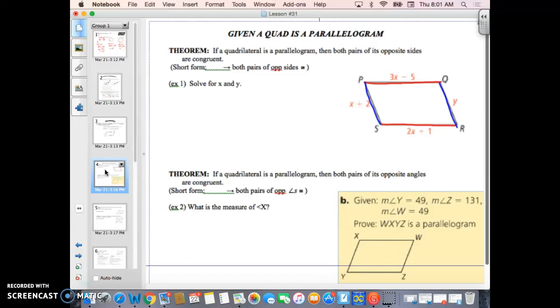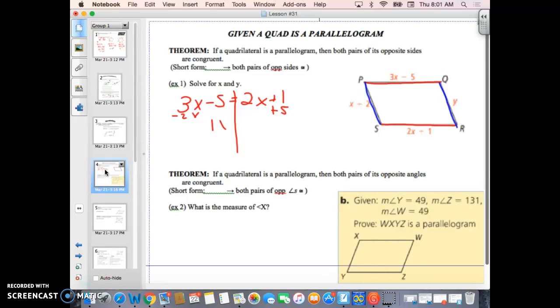The easiest thing to do is to do the sides in red first to figure out what x is. So if I know that they are congruent, I got to think to myself, how am I going to set up this equation? Well, they're congruent to each other. So it's going to be 3x minus 5 equals 2x plus 1. And then I subtract 2 x's out of the 3. And I'm going to add 5 to the 1.